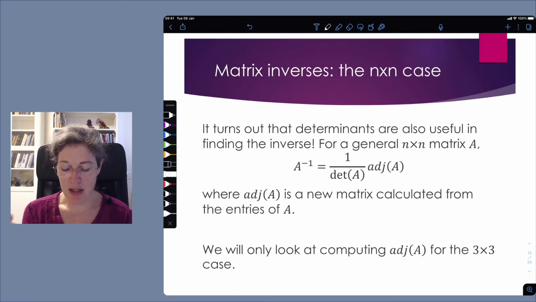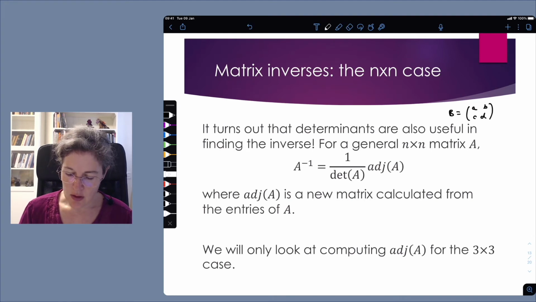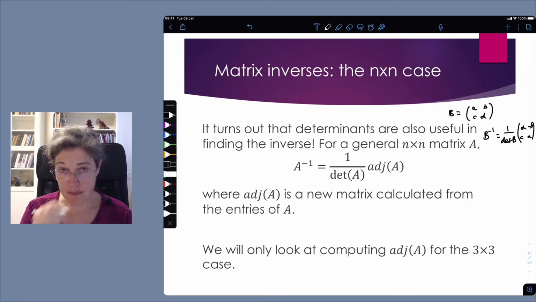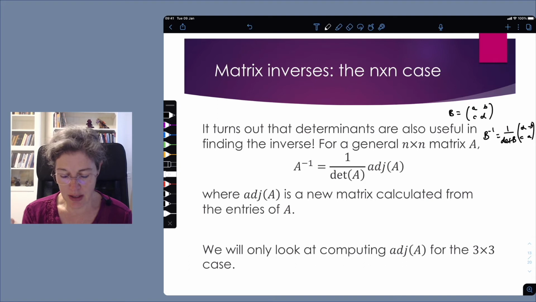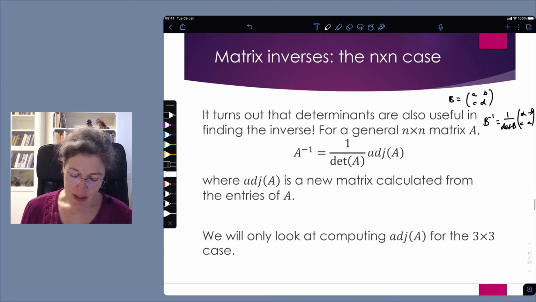So if you remember when we did our 2 by 2 case, if we have our 2 by 2, which is, well, let's not call it A, let's call it B, equal to A, B, C, D, if you look at the formula, the inverse of B is equal to 1 over the determinant of B times D, minus B, minus C, A. So we actually use the determinant in the calculation for the inverse, not just for telling us that we could find the inverse. So how does this apply to n by n matrices?